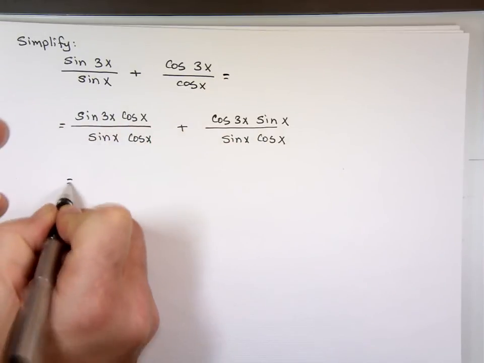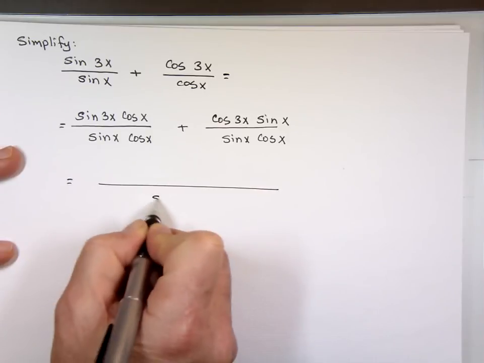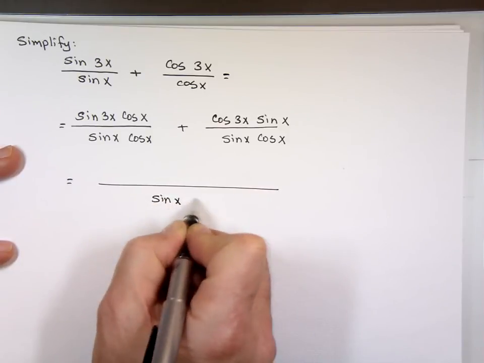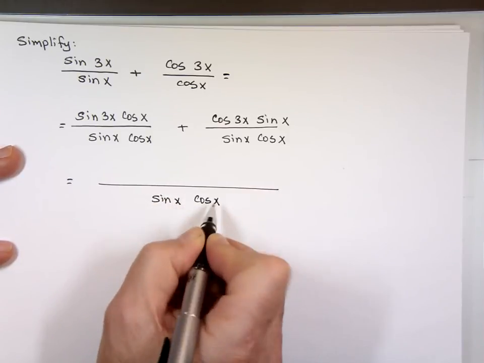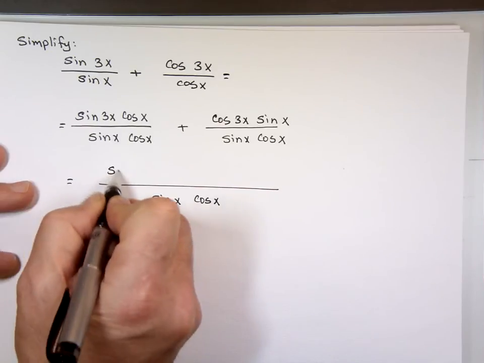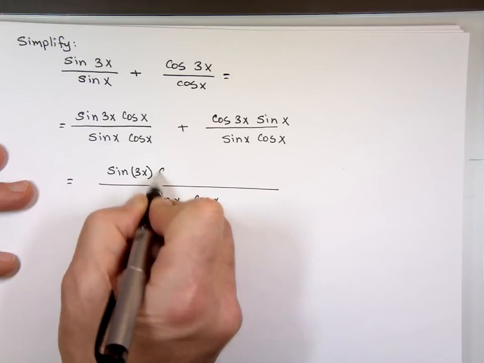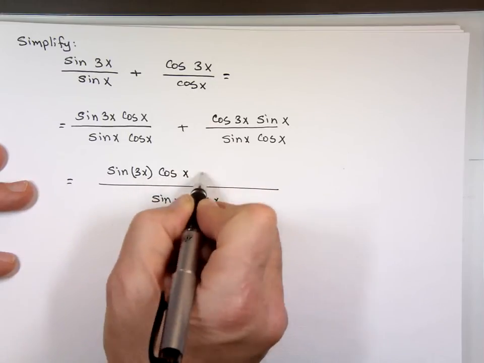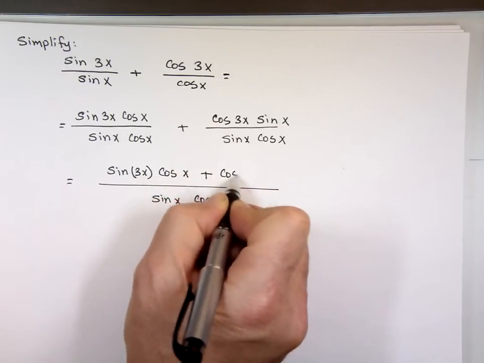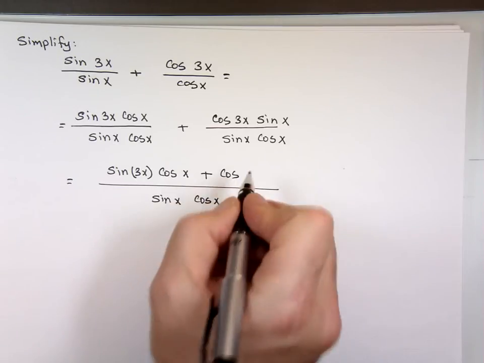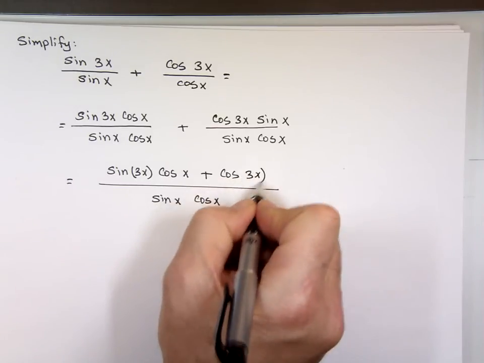Make it one fraction, and we will have sine 3x cosine x plus, excuse me, cosine 3x sine of x.